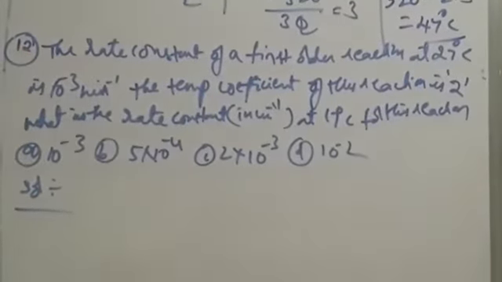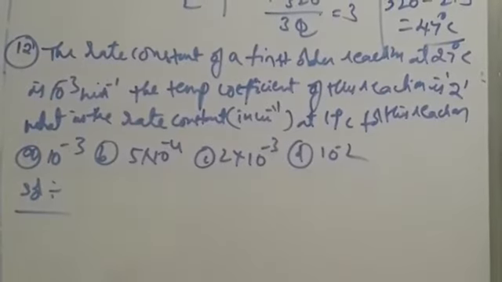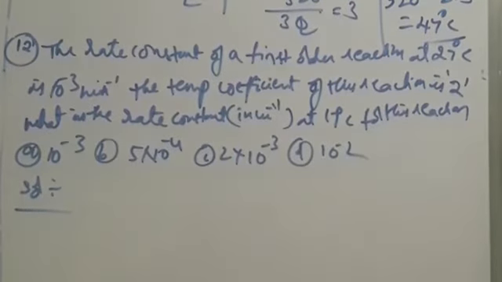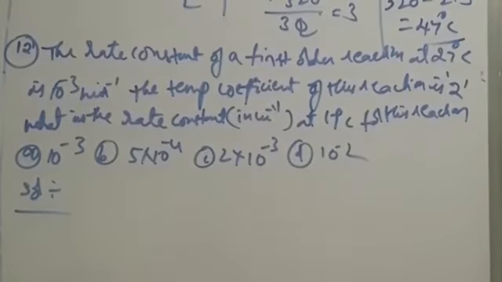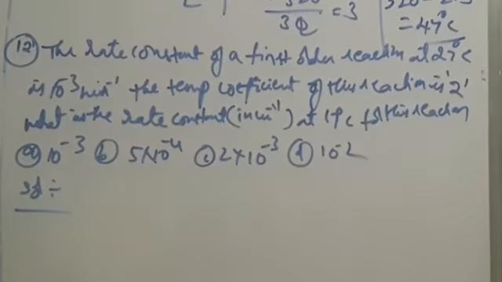Next, the rate constant of a first order reaction at 27 degrees centigrade is 10 to the power minus 3 minutes inverse. The temperature coefficient of this reaction is 2. What is the rate constant in minutes inverse at 17 degrees centigrade?